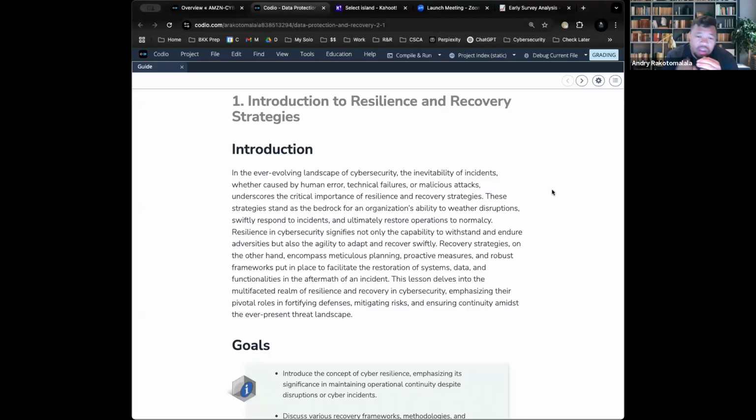Now, keep in mind, it's not trying to avoid the failure, because, like I said, it's not if you get hacked, it's when. It's not if a bad thing happens, it's when. So you're not trying to avoid it. You're trying to set all of these steps in place to be able to bounce back quickly. That's the entire point of resilience.